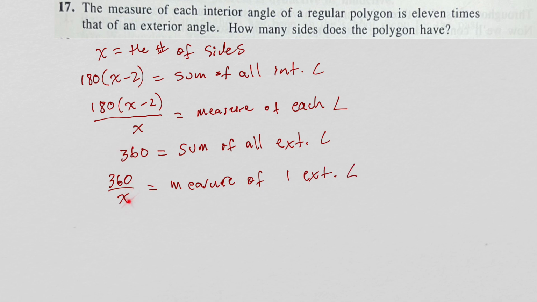Now that we have all of this, let's look at the measure of each interior angle of a regular polygon, which is 180 times (x − 2) divided by x. This must be equal to 11 times an exterior angle. This is the measure of each exterior angle here, and 11 times that is what it's equal to.